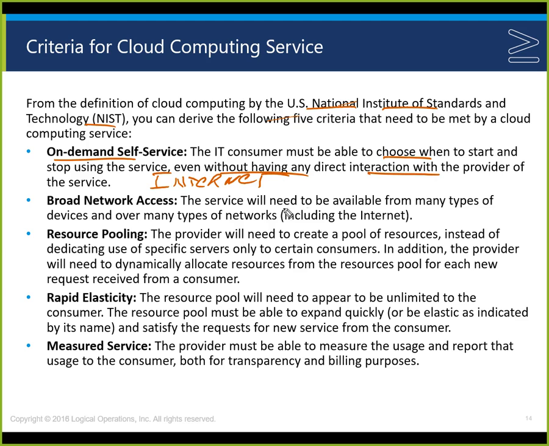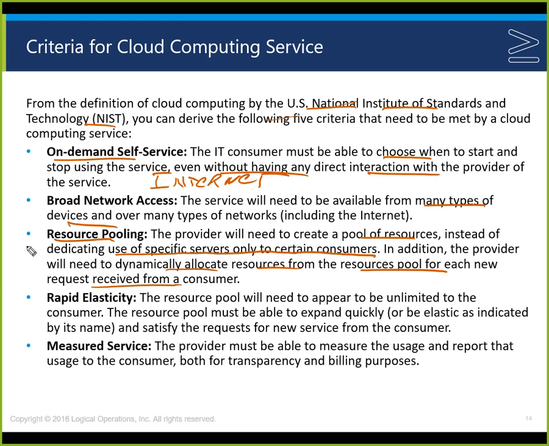Broad network access, available for many types of devices, from our Windows machine, our Linux machine, our Android tablets, our iPads, and all of the different other capabilities that we might think of. Resource pooling: create a pool of resources instead of dedicating specific servers only to certain consumers, and dynamically allocate resources from the pool for each new request received from the consumer.